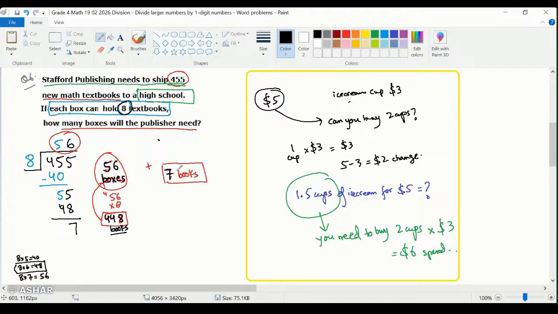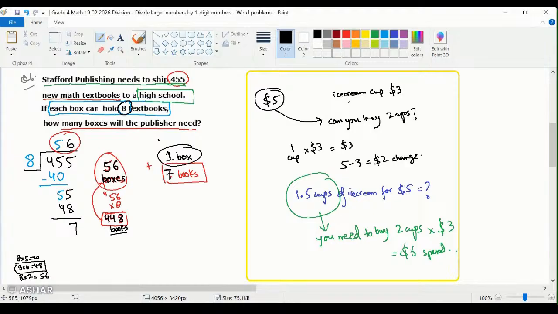Can these 7 be kept in one box? There were 56 boxes which were completely filled. But for the 7 remaining books, we have to add another box, right?